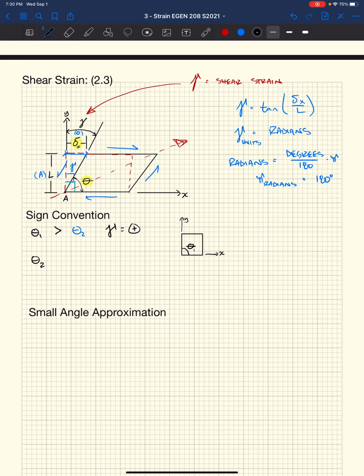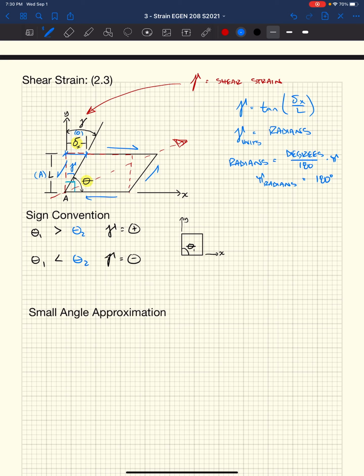If theta 1 is less than theta 2, our shear strain is negative. Kind of makes sense, right? Theta 1 is greater than theta 2. That essentially means the angle gets smaller at the corner there.